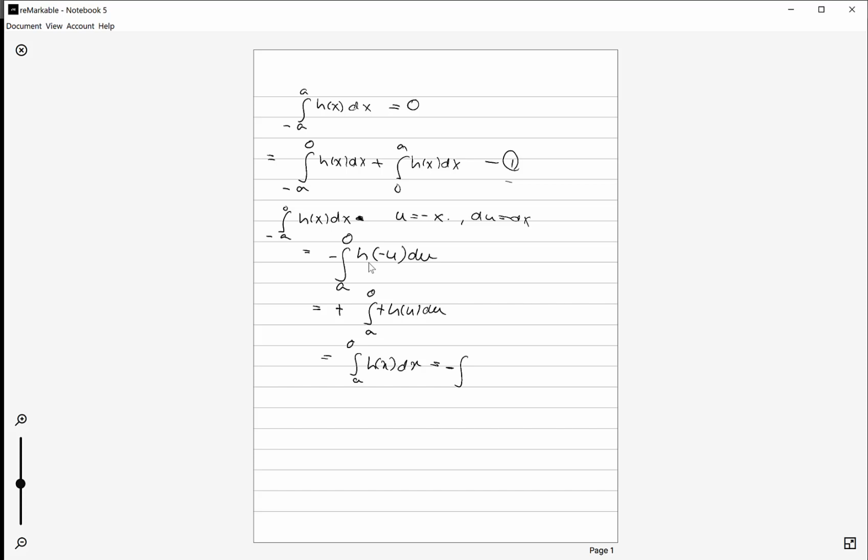It's going to be minus 0 to a h of x dx. So this first term here is just minus of this term, and therefore this term and this term cancel out and you get 0.